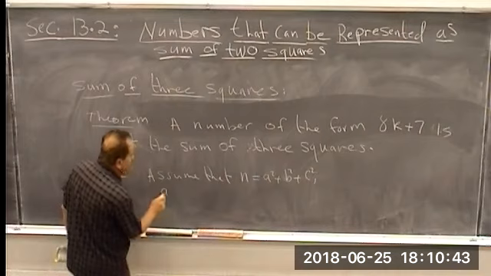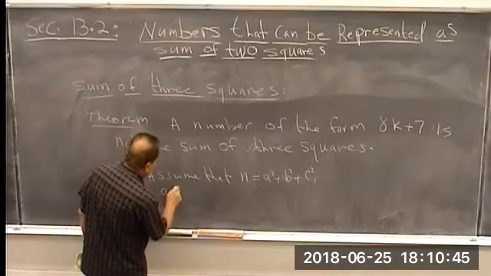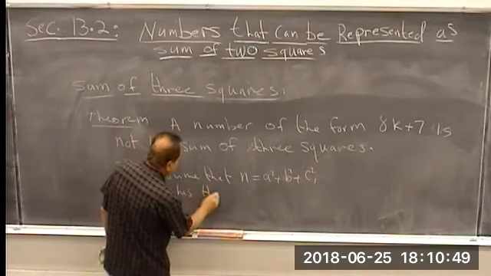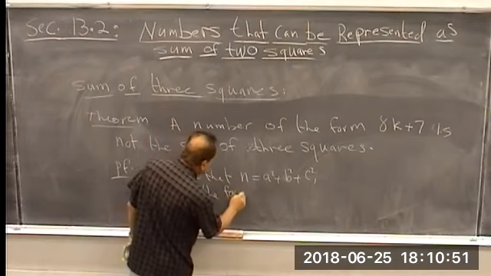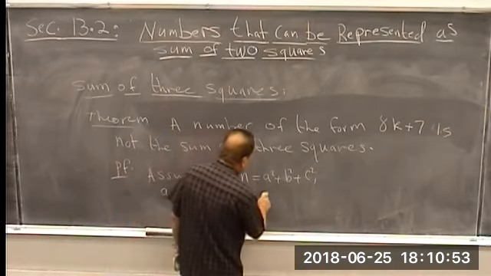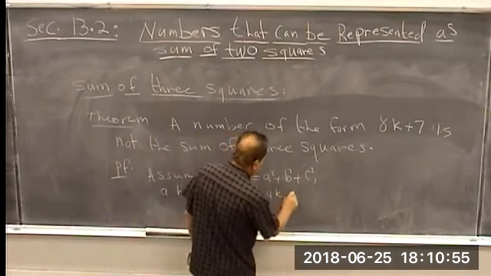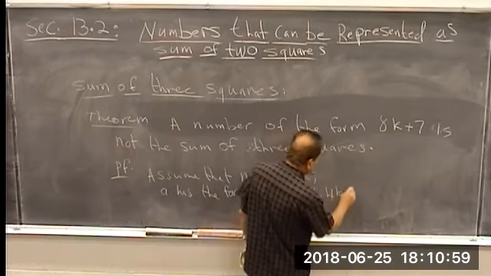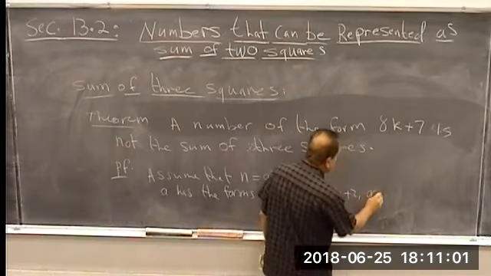So a has these forms: 4k, 4k plus 1, 4k plus 2, or 4k plus 3.